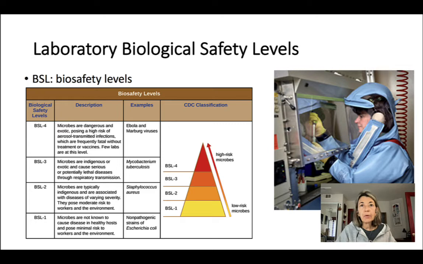Microbiology laboratories have levels of biosafety. I recommend that you read more in detail in the theory document of the Labster simulation, because it's going to go into more detail of what those levels entail.